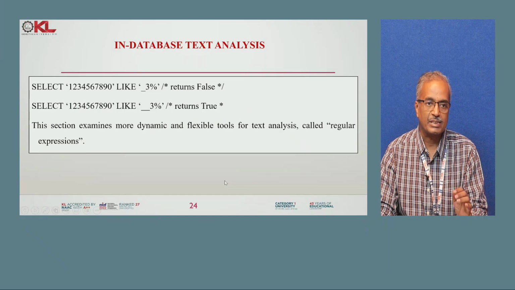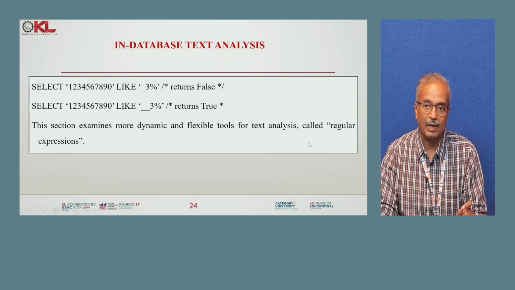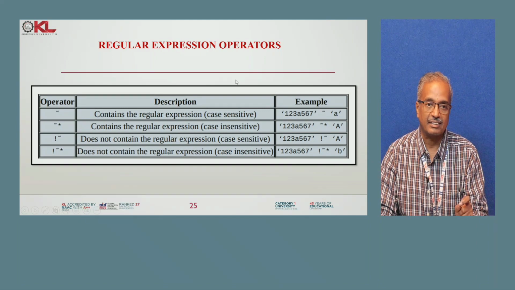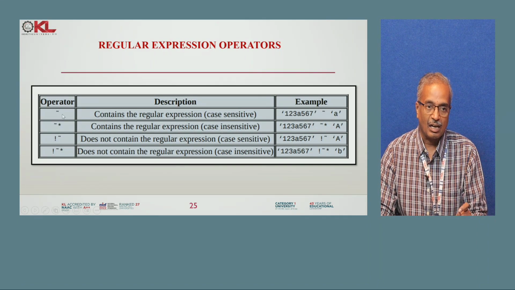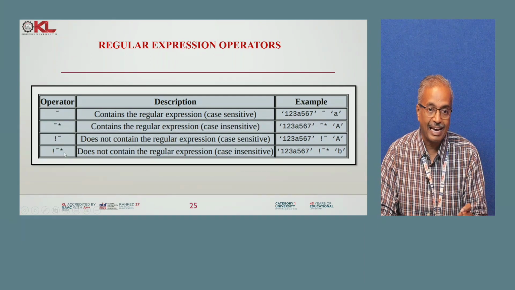Similarly, you can see the next operations to understand their purpose. This can also be called regular expressions. These are the regular expression operators to do analysis on the text. They are the tilde operator, the tilde with asterisk, the exclamation mark with tilde, and the exclamation mark with tilde and asterisk.